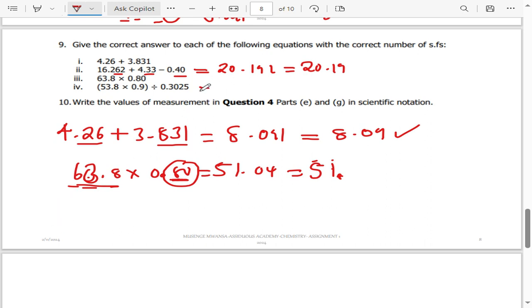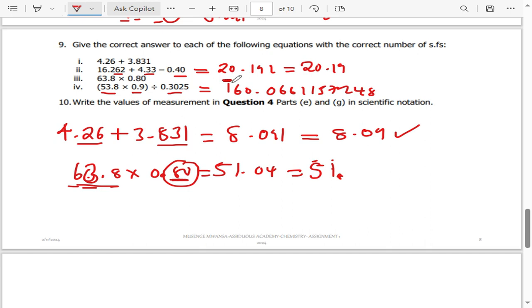So the answer that you are going to get for this one is 160.0661157. Now look at the significant figures. Which one has the fewest number of significant figures? This is 3 significant figures. This is 1 significant figure. This is 4. So the answer should have only one significant figure. And one significant figure meaning that you only need to have this one as the only significant figure.